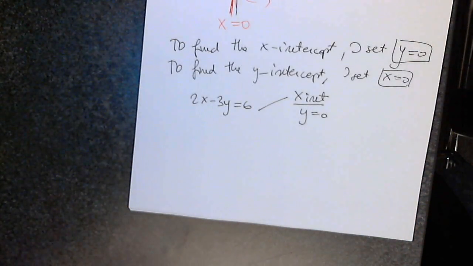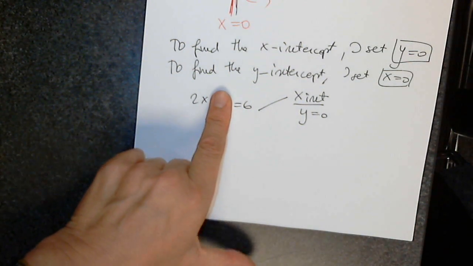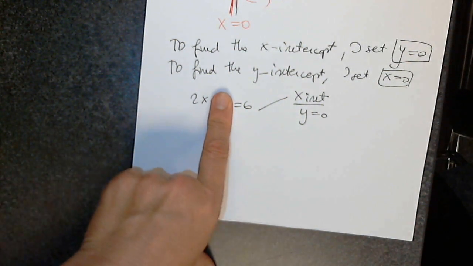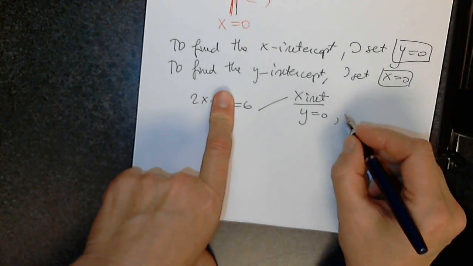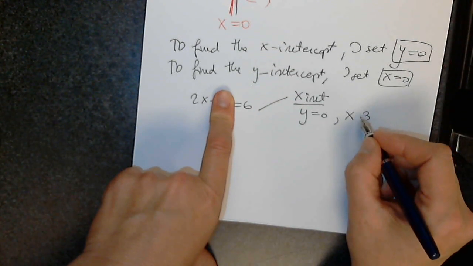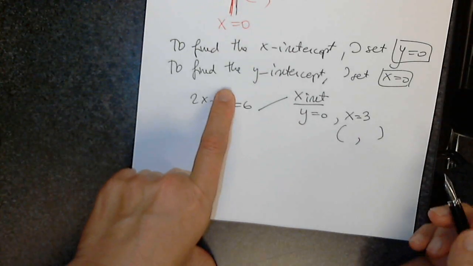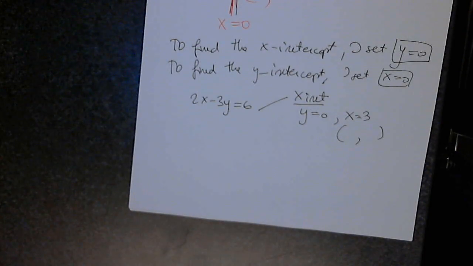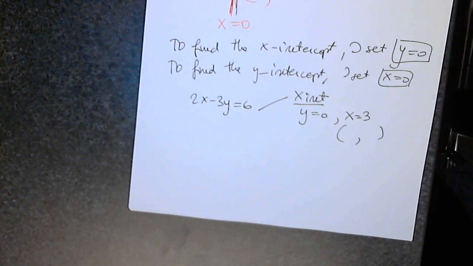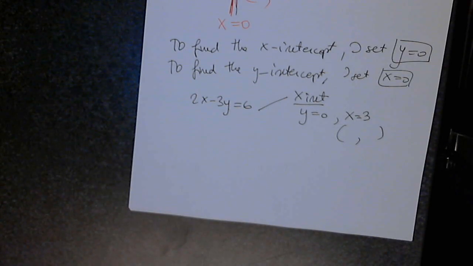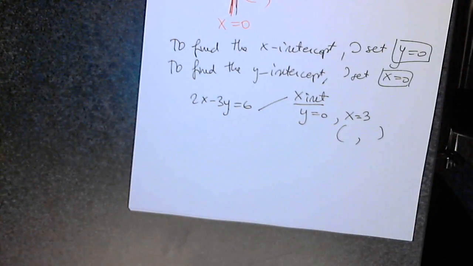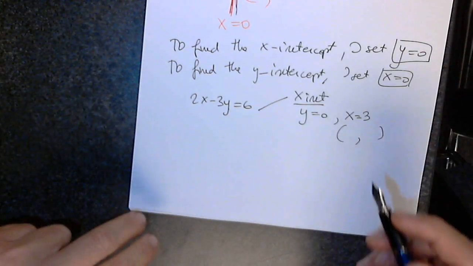Good, all I have to do is put my finger on it because it's 0. Please tell me how much is x? Very good. What is the ordered pair that we just found out? And I have to say, x must be the first coordinate, y must be the second coordinate at all times.